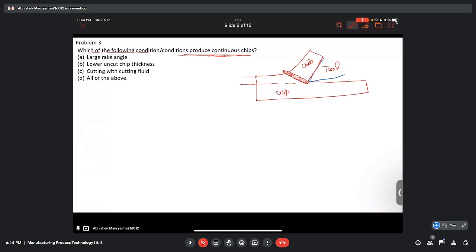So if material is ductile, there is a probability of getting continuous chips, and if material is brittle, then we will get discontinuous chips. But even in the case of ductile material, if we play with the tool geometry and the cutting parameters, that is depth of cut, cutting velocity, feed, then there is also a possibility of getting discontinuous chips or, let's say, serrated chips.